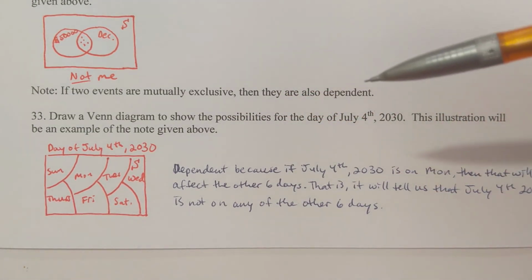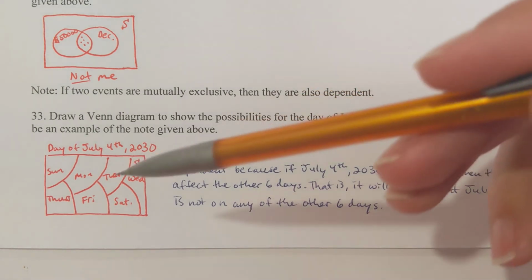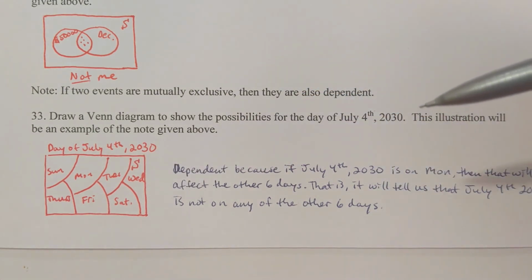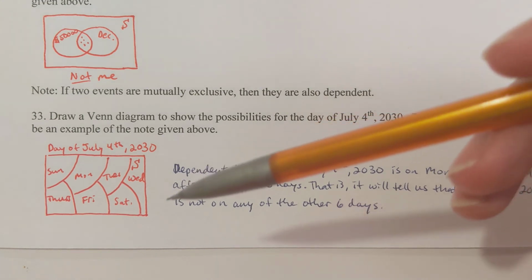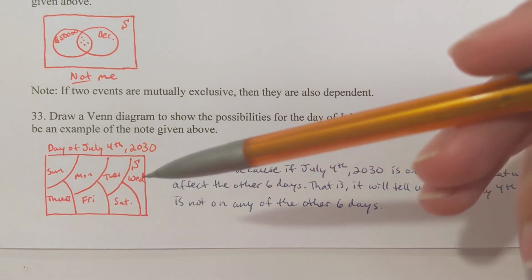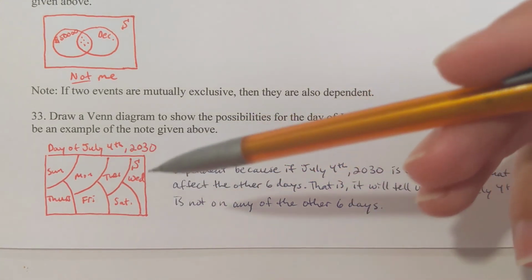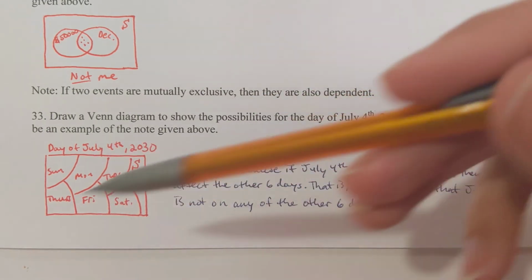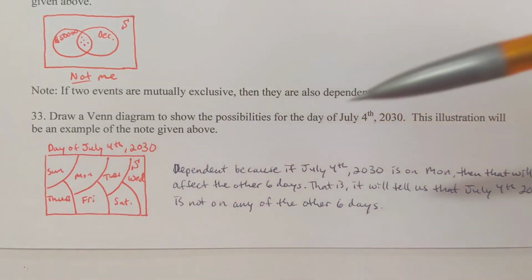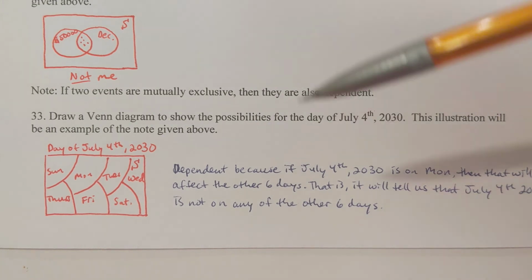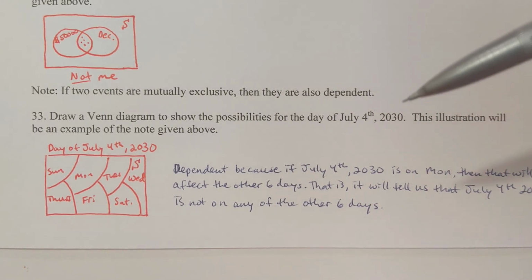Now clearly, I've got mutually exclusive events, right? If July 4th, 2030 falls on Monday, it cannot fall on Wednesday or Thursday or Friday, or any of the other 6 days. Now, why are these dependent events?